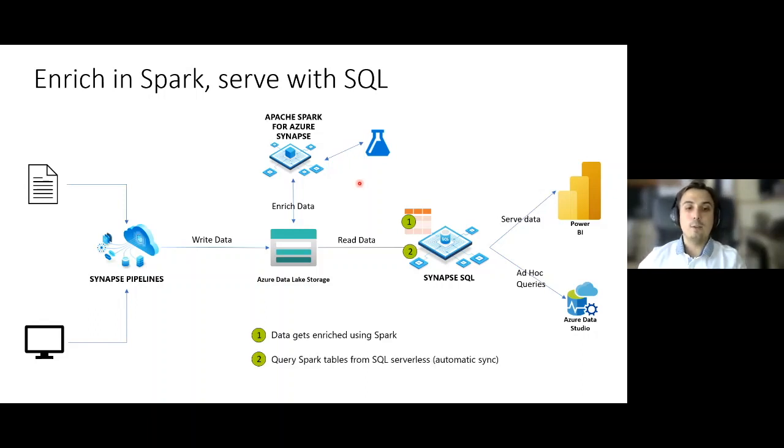And from serverless, you can query that data and later also do some ad hoc queries, create some views, store that data through Power BI and similar, or do any other recommended scenario we spoke about previously. So that would be about our usage patterns.